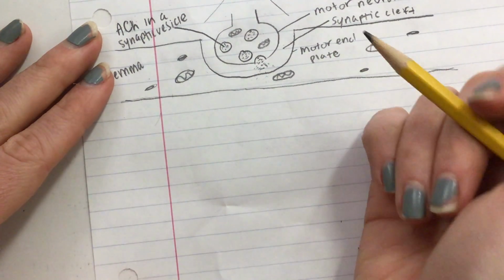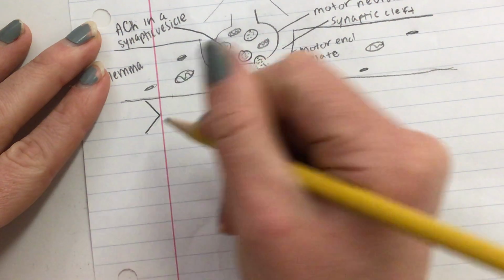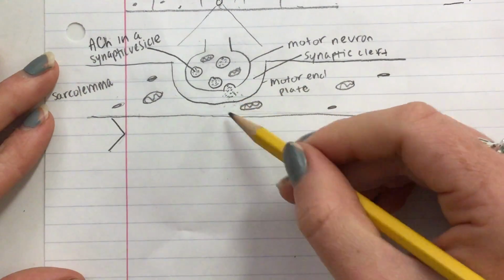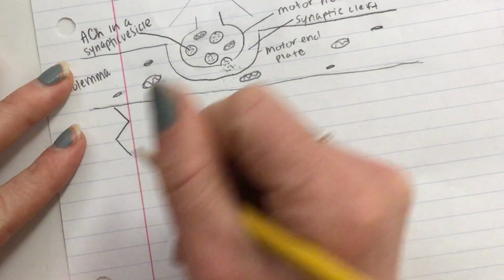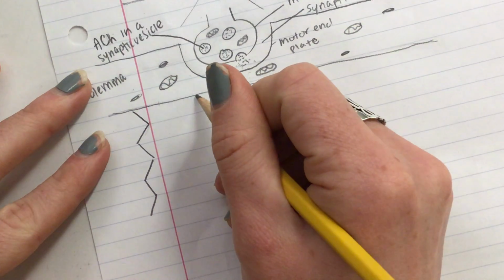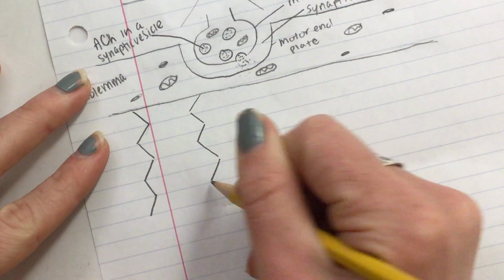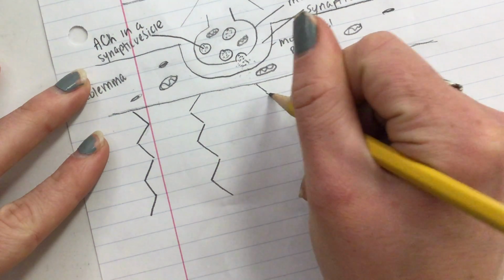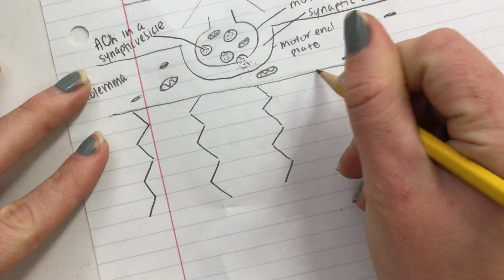inside. Now remember, myofibrils are made up of actin and myosin, and they have these contracting units from Z line to Z line. The whole point of this neurotransmitter crossing here is to get these sarcomeres to contract, so from Z line to Z line. So here we'll draw a Z line. Again, this is made of the thin filament actin. Okay, and maybe one more.